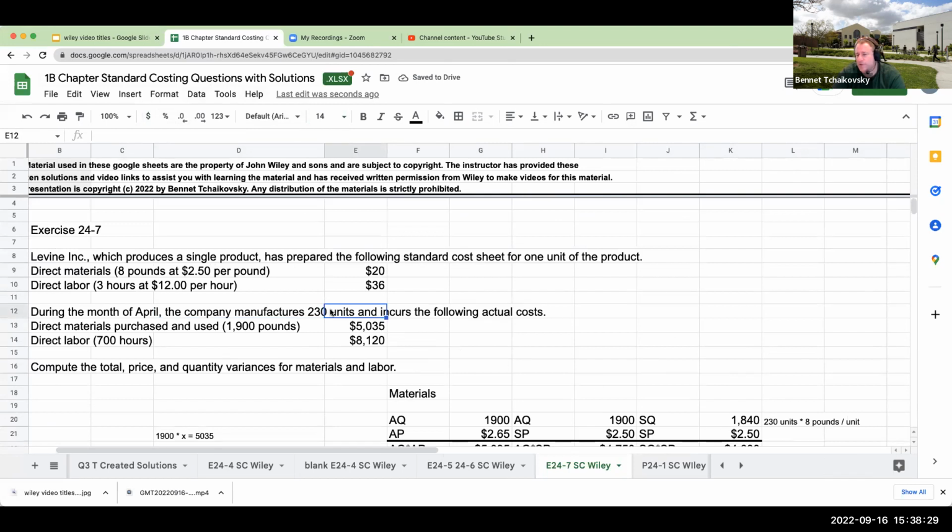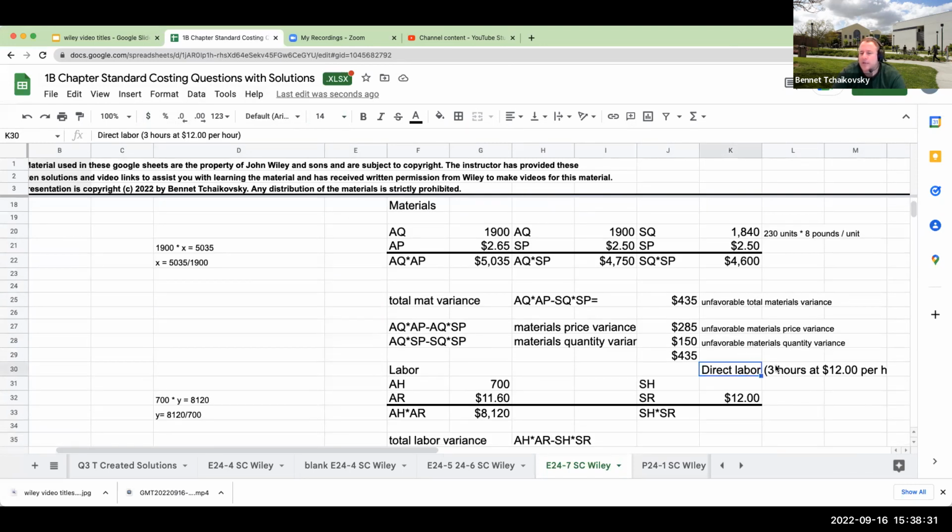Well, I produced 230 units. So if it's 3 hours per unit, this is going to be 230 units times 3 hours per unit. So my standard rate times my standard hours is going to be 8,280.